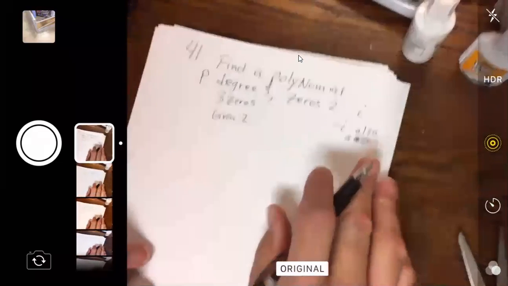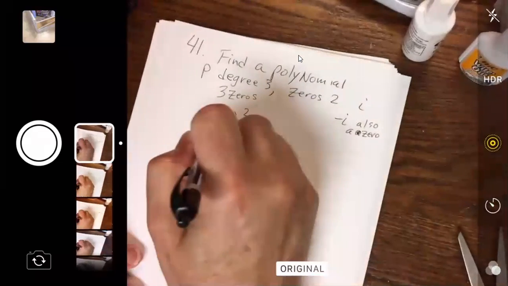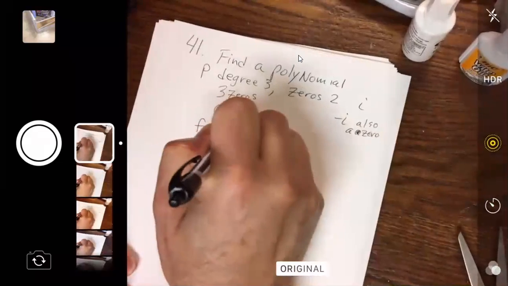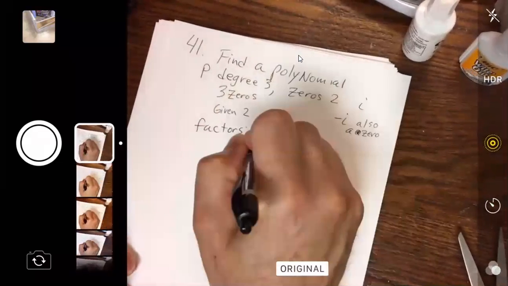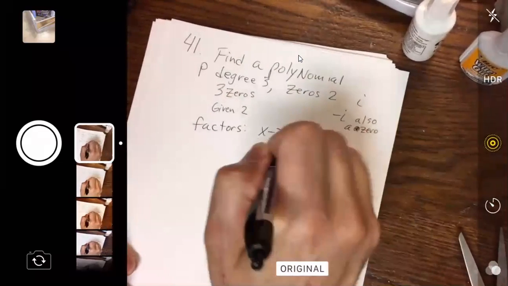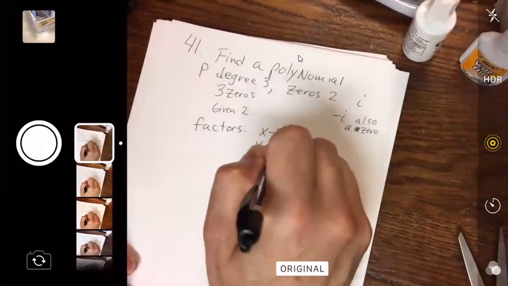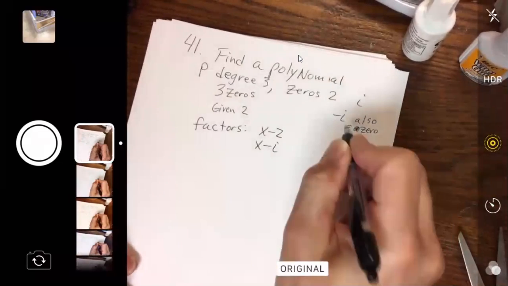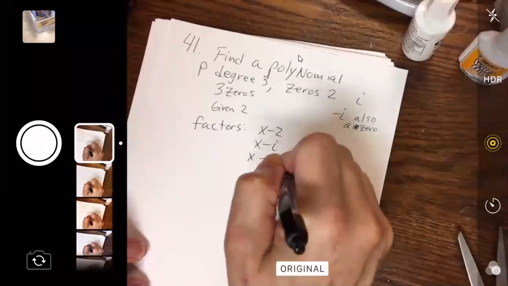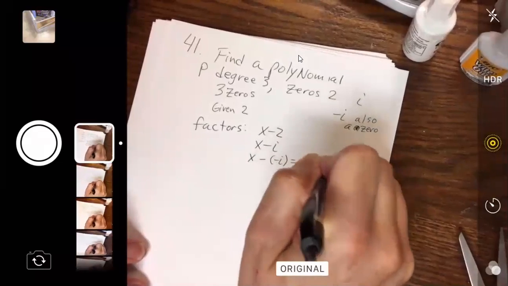Okay. So you now create your factors. If 2 is a 0, the factor is x minus 2. If i is a 0, you have x minus i. And if negative i is a 0, you have x, you could say plus i minus a negative i, and that would be x plus i.